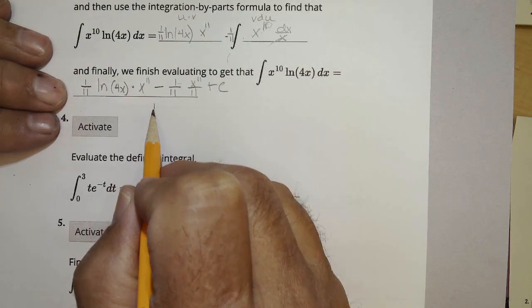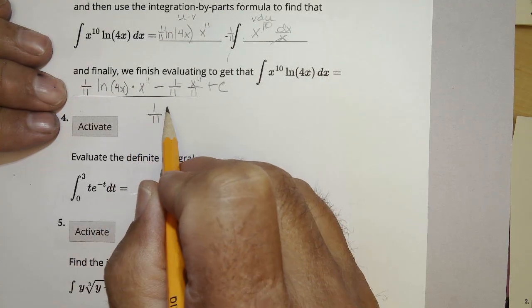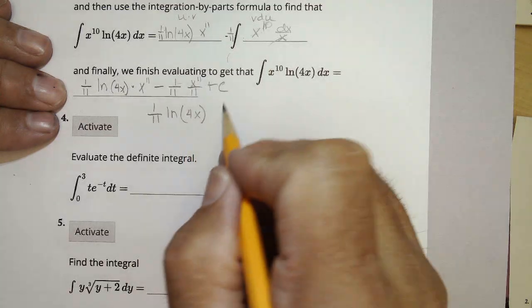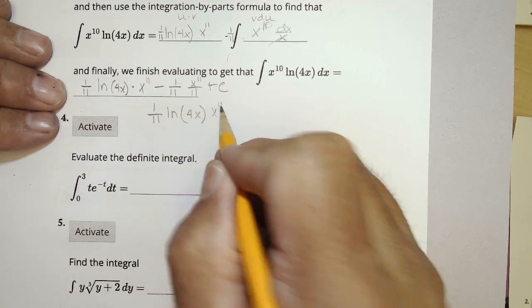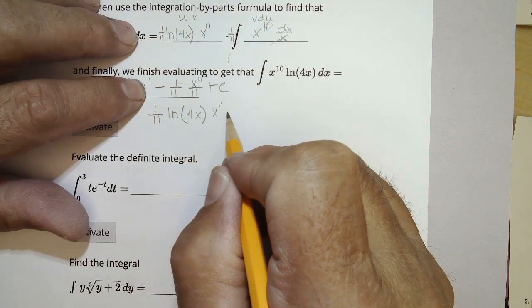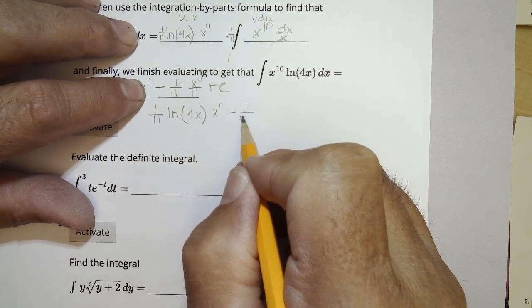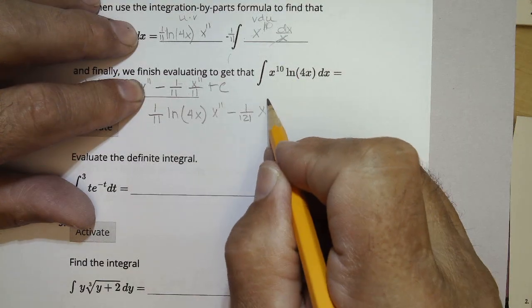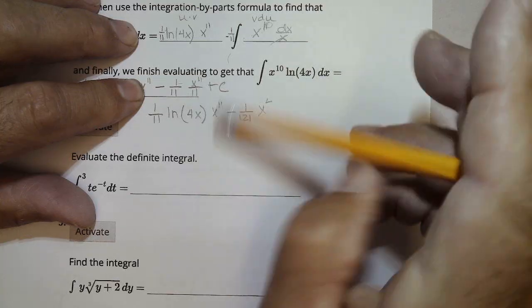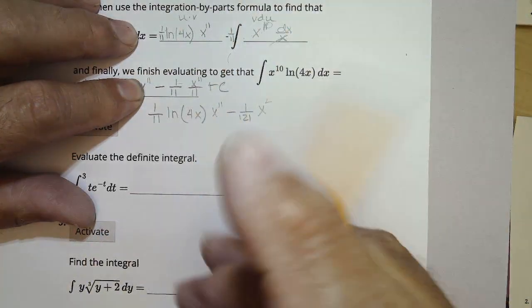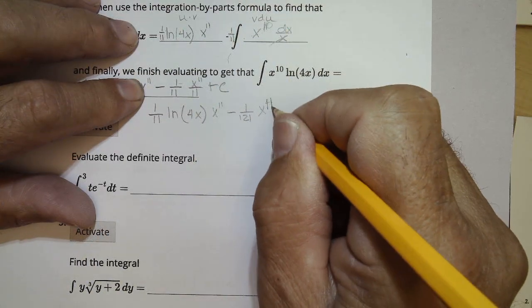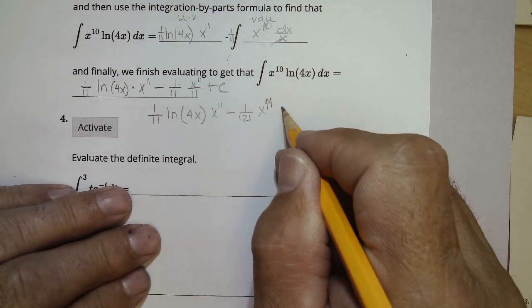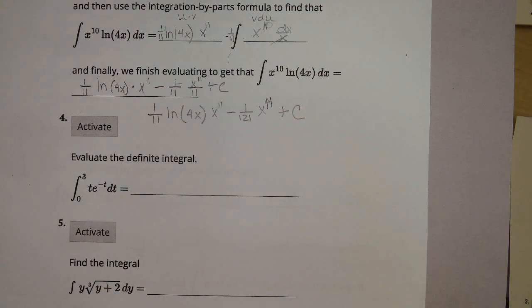So it would be 1/11 ln 4x times x to the 11th minus 1 over 121, 11 times 11, x to the 11 plus c.